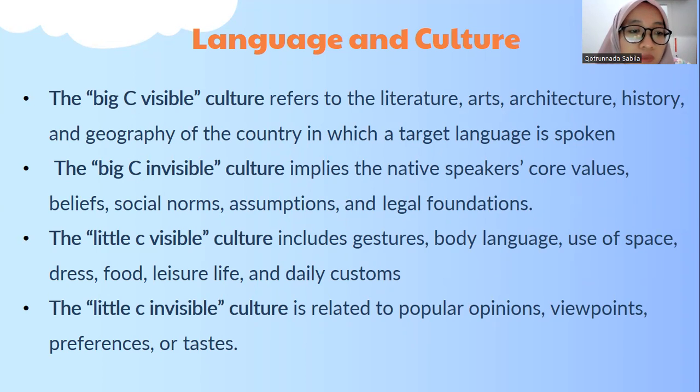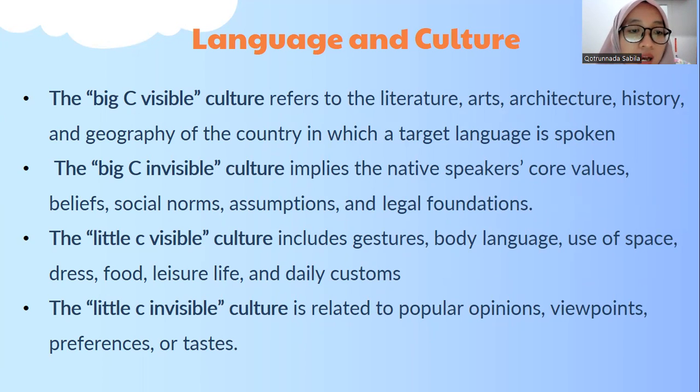For example, Winter, Kurtz, and McVeigh explained the so-called Big C visible culture, which refers to the literature, arts, architecture, history, and geography of the country in which the target language is spoken.